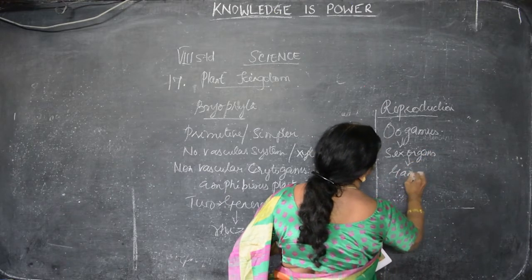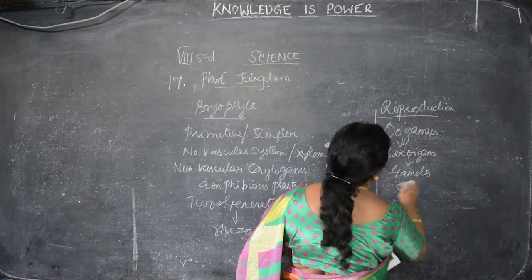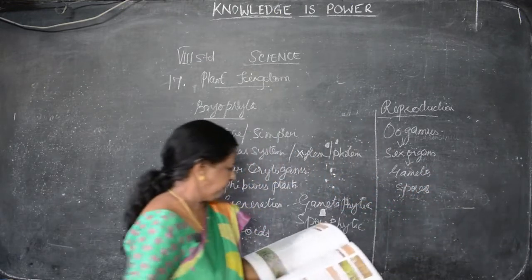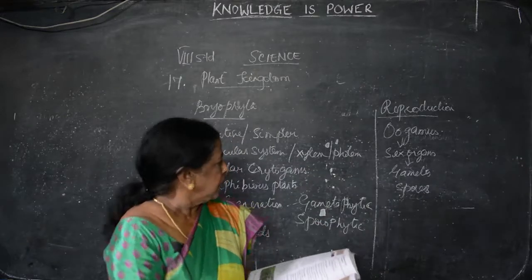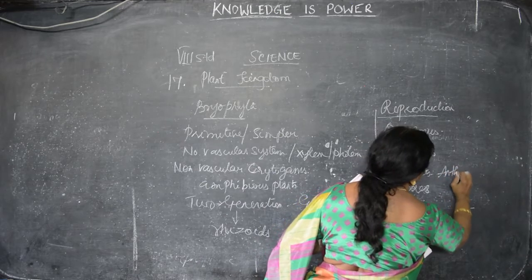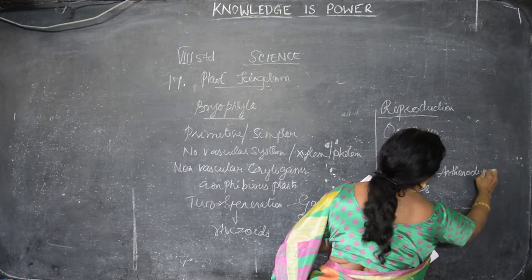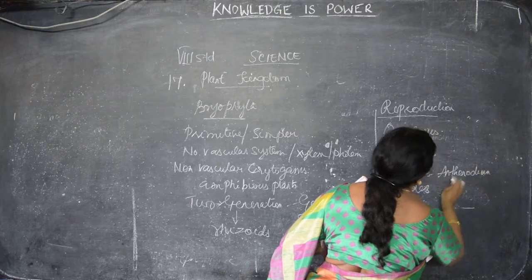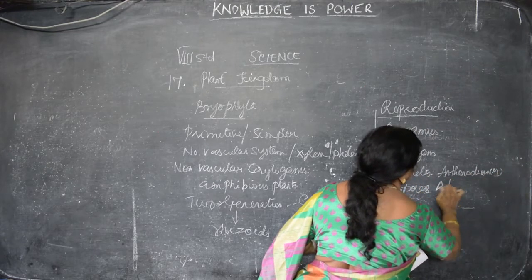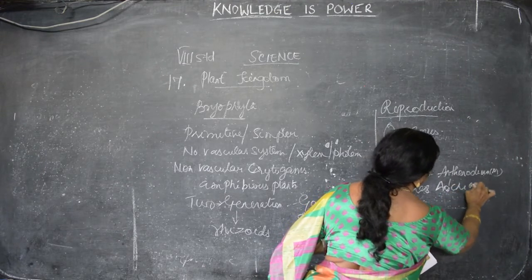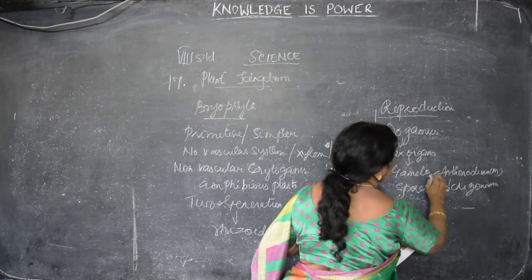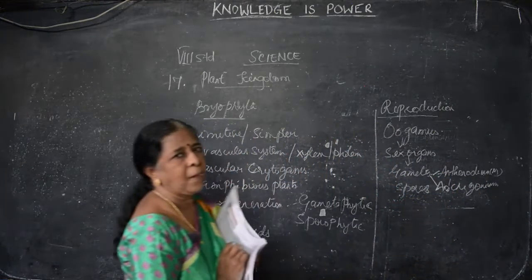Gametes and spores. By using that, they can reproduce. So the male sex organ is antheridium. Female is archegonium. There are 2 gametes, male and female.